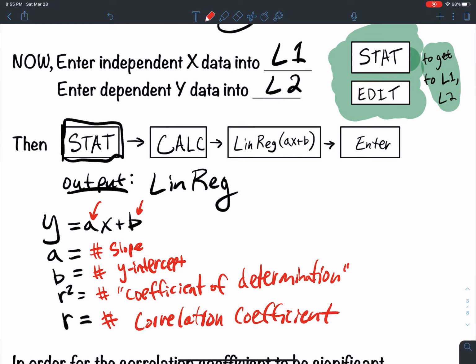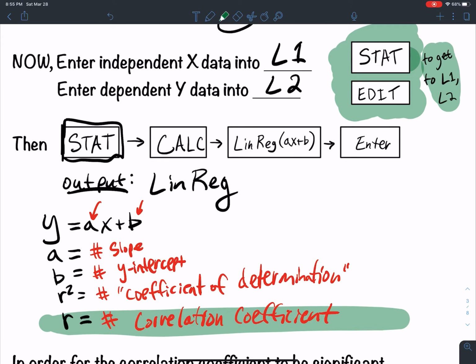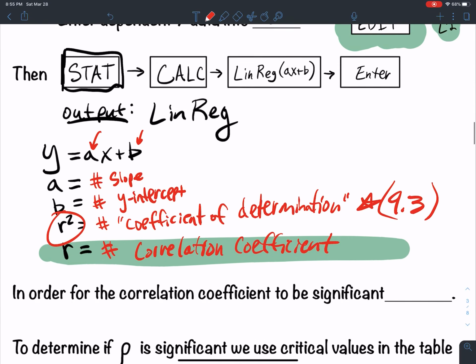The correlation coefficient is the one that we are wanting for this section. This is section 9.3. So when we do section 9.3, you'll have to find this. It's no big deal. The calculator does it for you. All you got to do is write down the number.